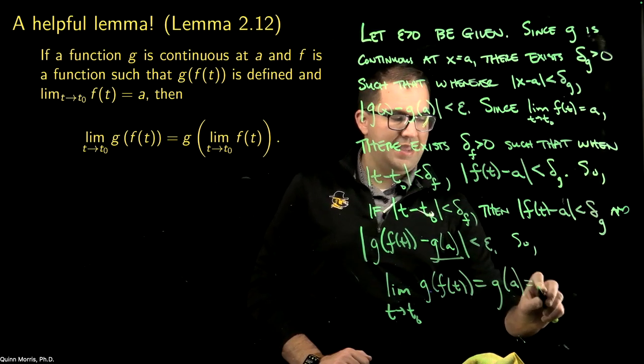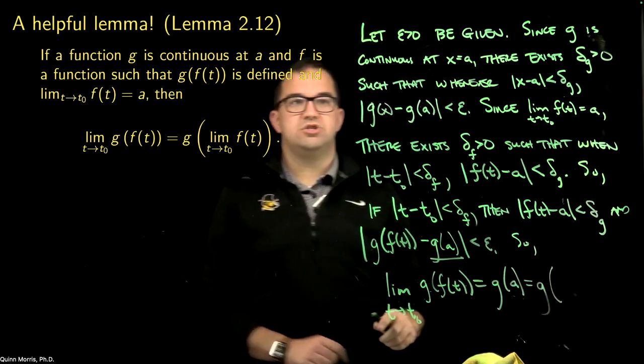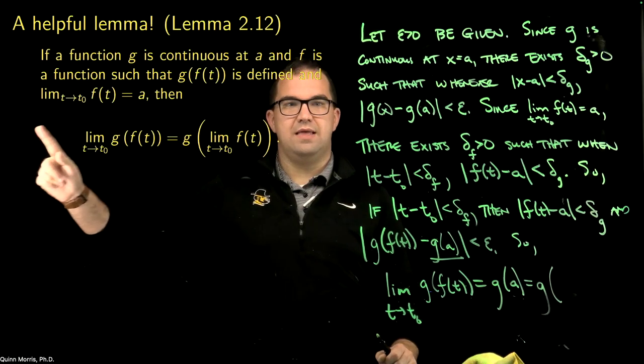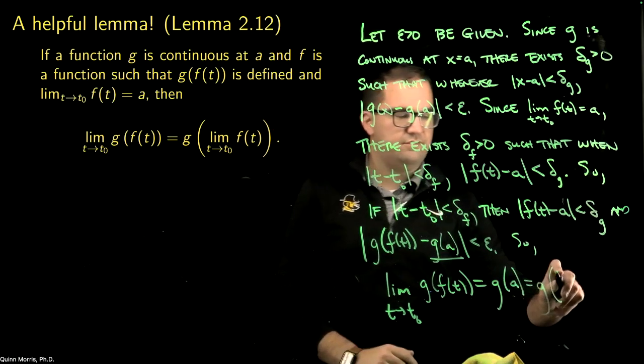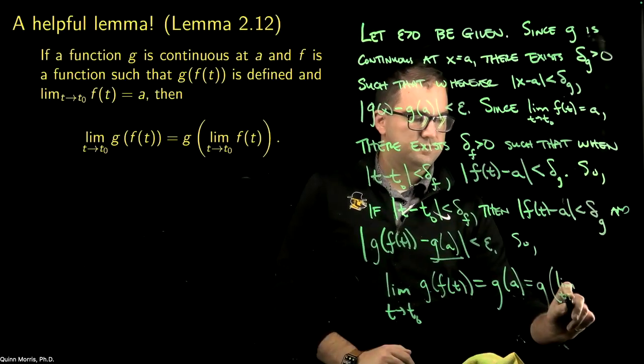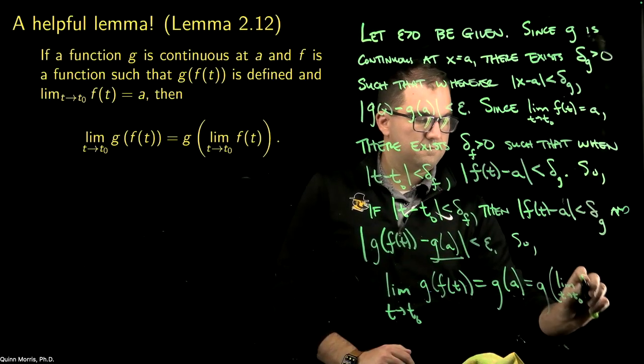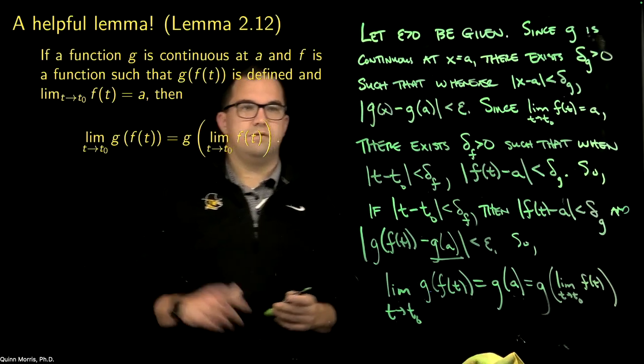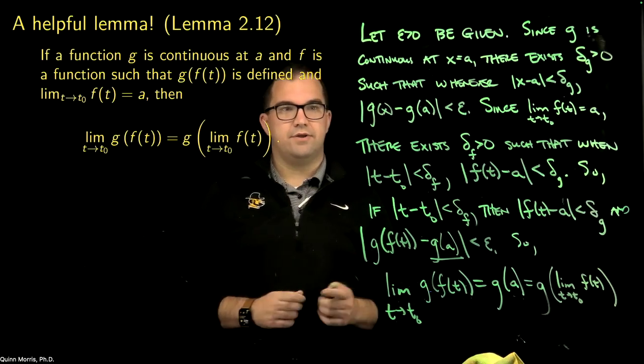But remember, a was just the name we gave to the limit as t approaches t naught of f of t. And so I have proven the claim as desired here.